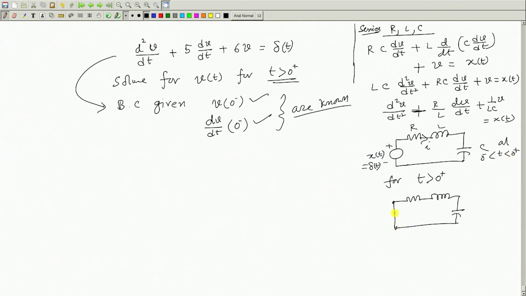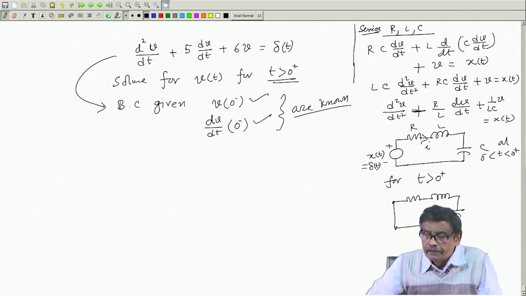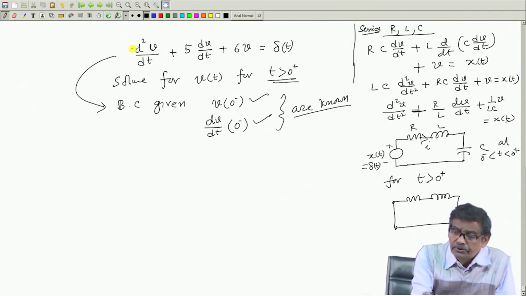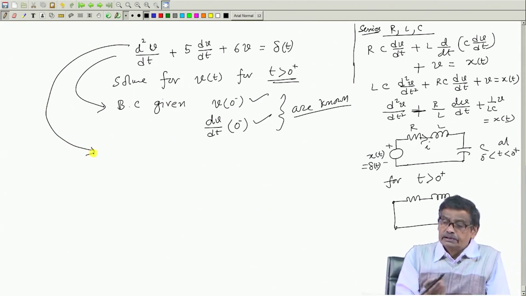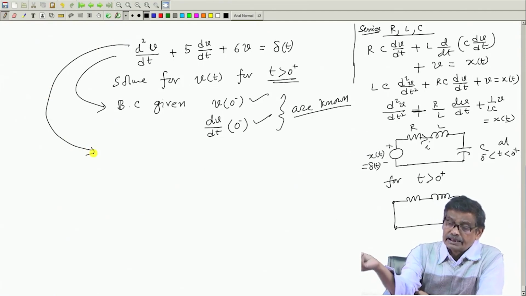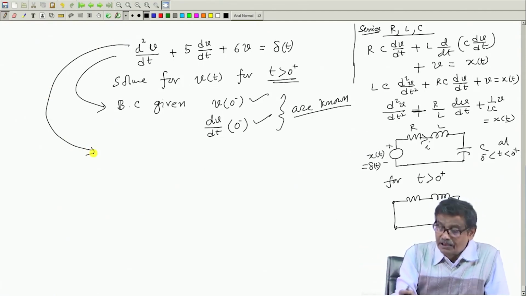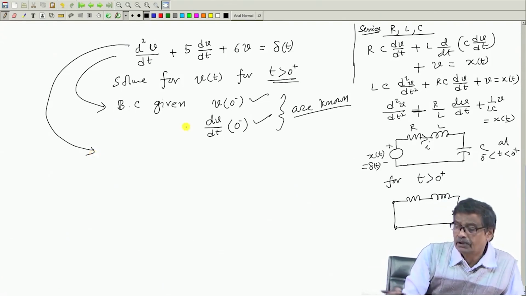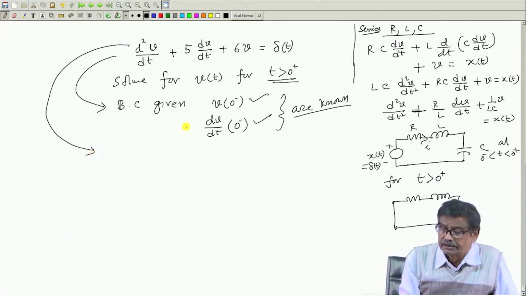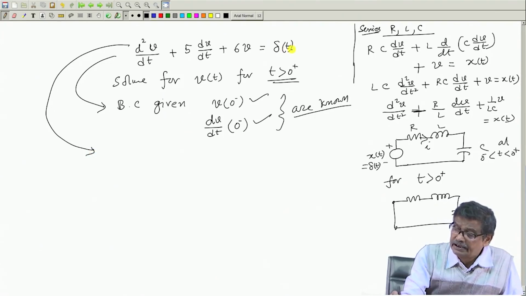So, for t greater than 0 plus, it is once again 0. Now, there were some initial conditions given to me. Because this is a second order equation, I will do it once again from fundamentals, because I have forgotten how these are related. Anyway, delta(t) is there, so it will also tell you what to do.